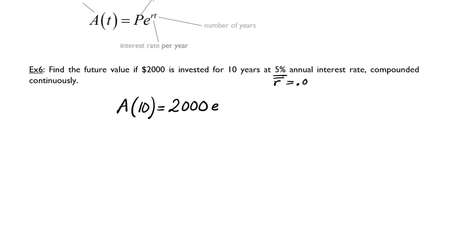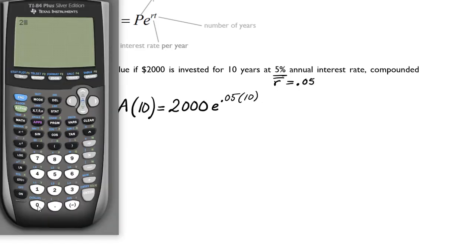So e to the 0.05 times t, and we know t to be 10. If we calculate this, we'll get 2,000 e raised to the 0.05 times 10. And the future value in our account will be $3,297 and 44 cents.